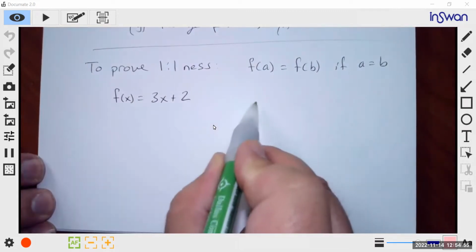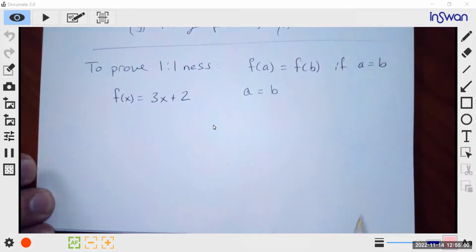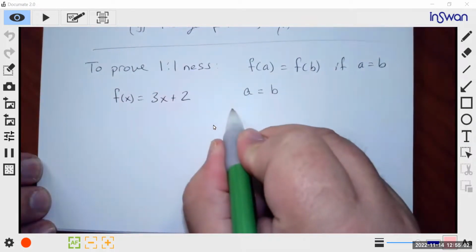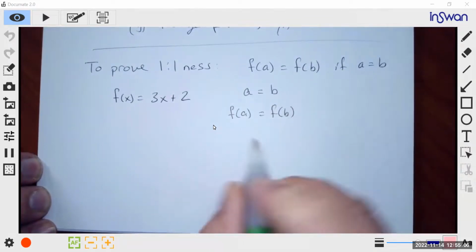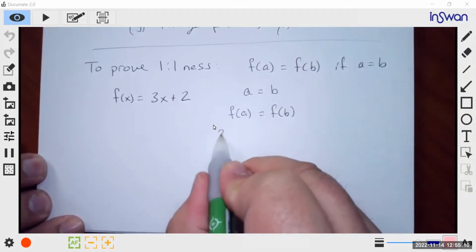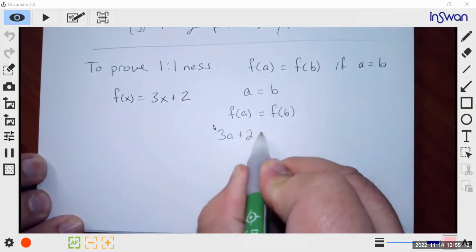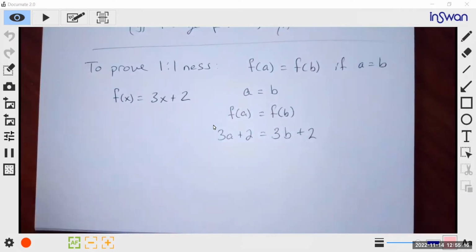All right, so what this means is this. We're assuming that A equals B. So f of A has to equal f of B. Let's plug it in there. So we have this first one, we have 3A plus 2 equals 3B plus 2.